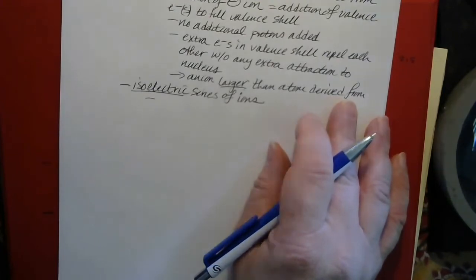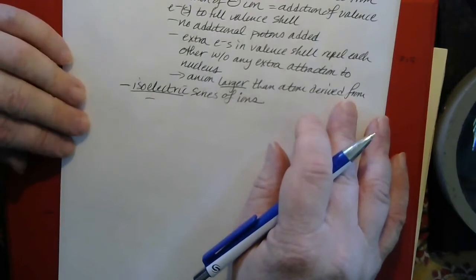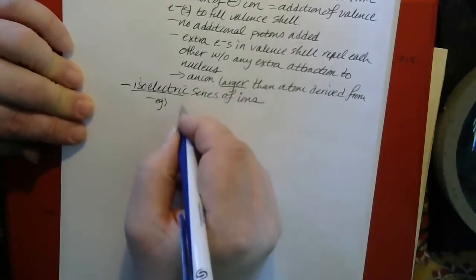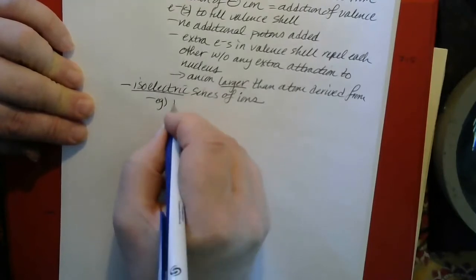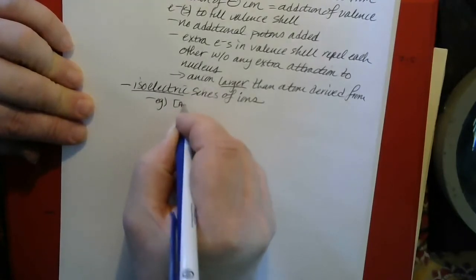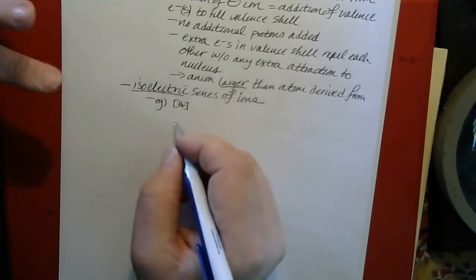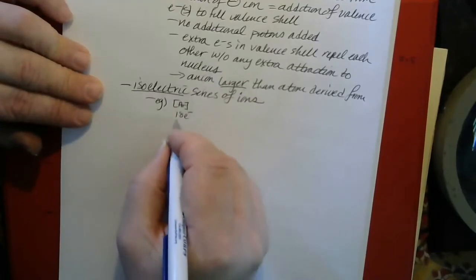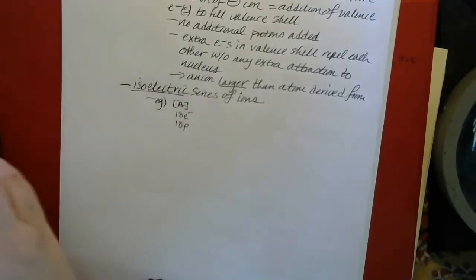So for instance, argon has 18 electrons and 18 protons.